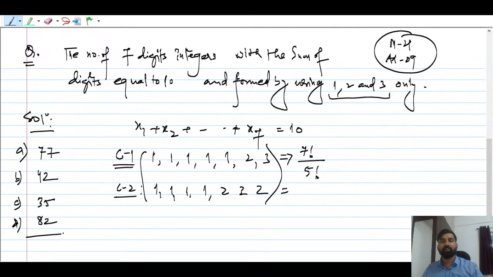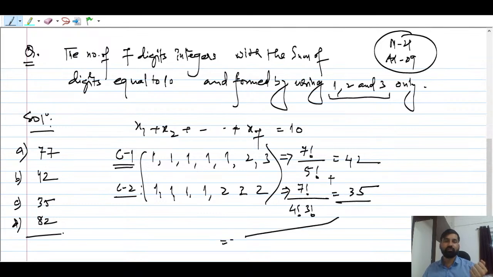Here also you can do the same: 7 factorial divided by 4 factorial and 3 factorial. If you solve this, one is 42 and this gives you 35. If you add these 2 cases, what answer do you get? 77.